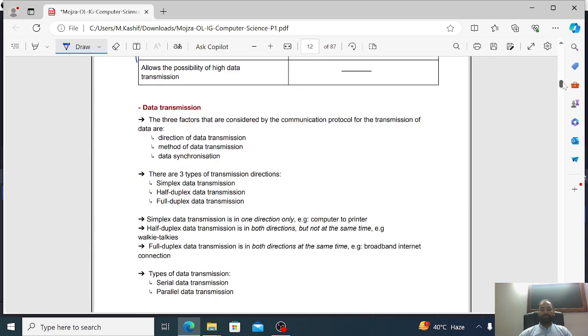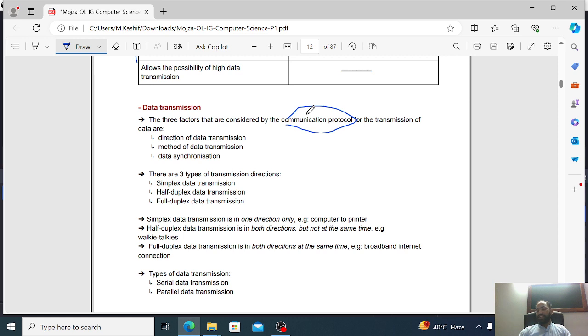So we have finally discussed all the things related to data packets and data transmission. Three factors that are considered for the communication protocol for the transmission of data. So what is meant by communication protocol?